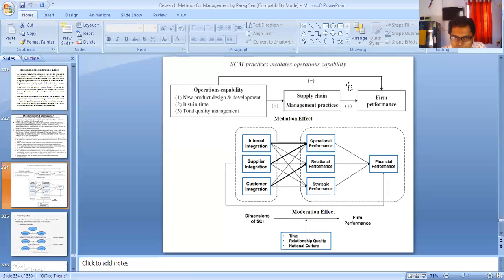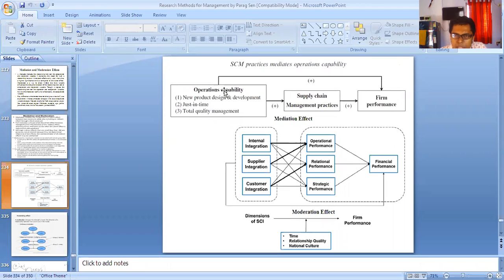But now, simply speaking, if you want the straightforward relationship, how you will look at how operations capability affects or influences firm performance. Okay. Now, suppose you are proposing one hypothesis that operations capability is positively related to firm performance. Okay.